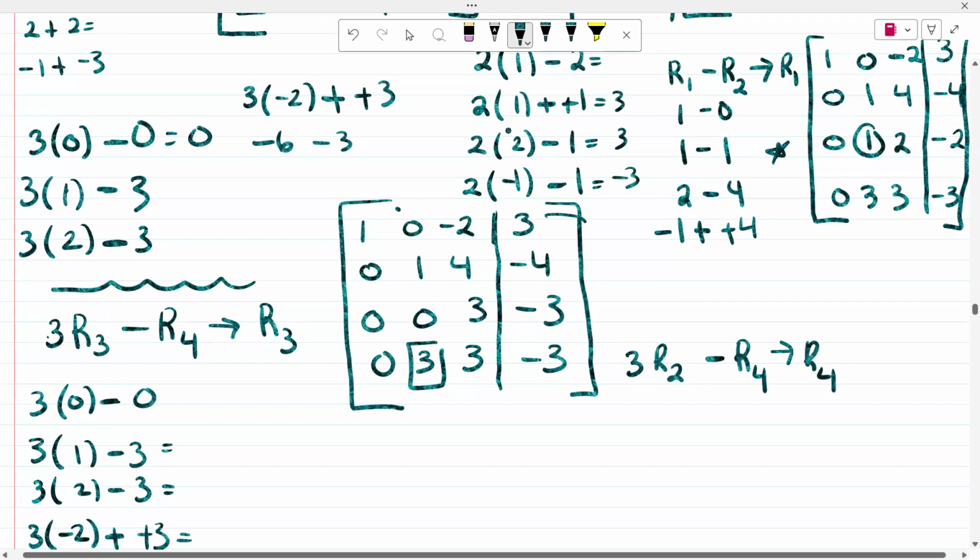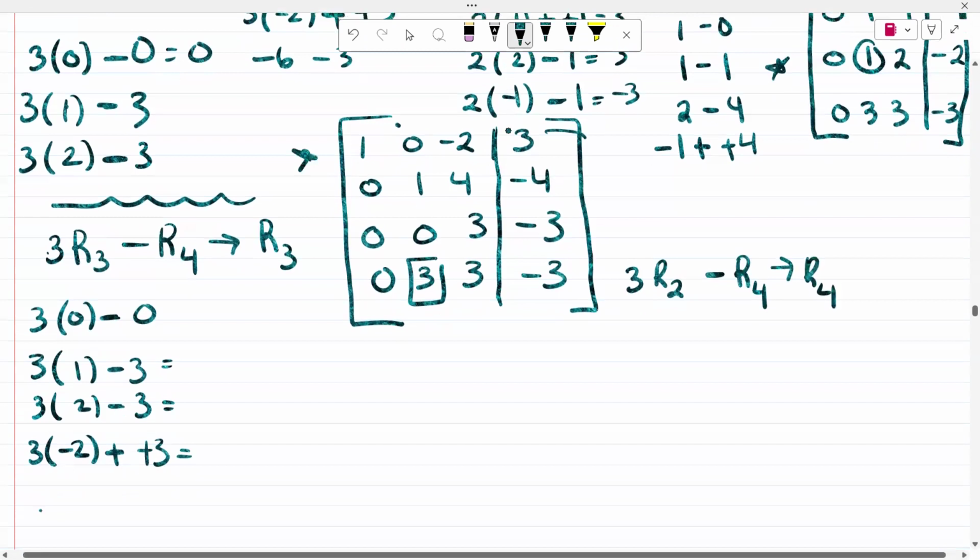Okay, so go to the previous matrix. It's 3 times the first number in row 2, which is 0, minus the first number in row 4, which is 0, and that gives us 0.